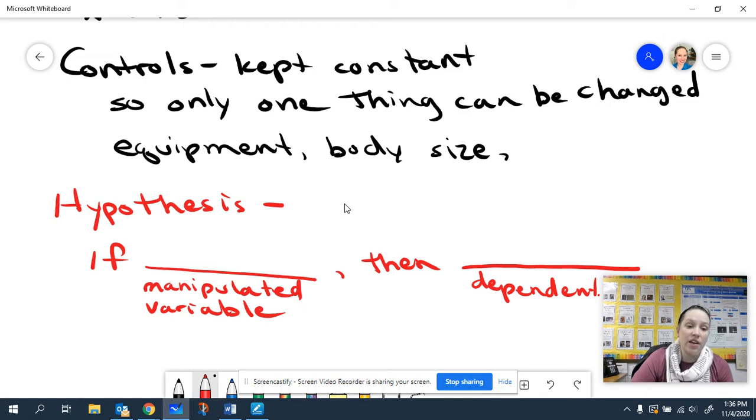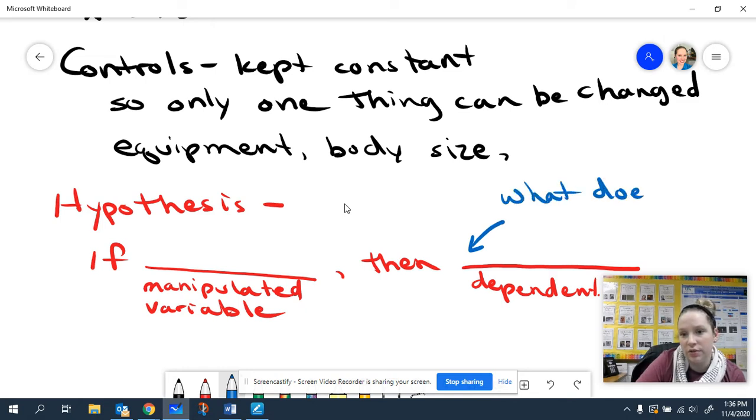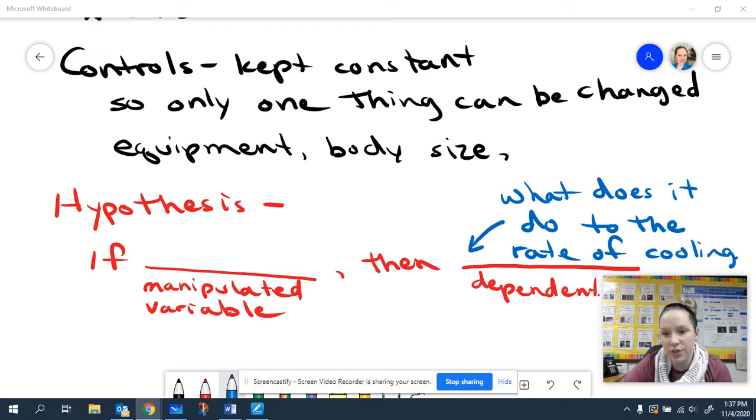So if the body is in a windy place, then the rate of cooling will increase or decrease. So this should be something about what it does to the rate of cooling.